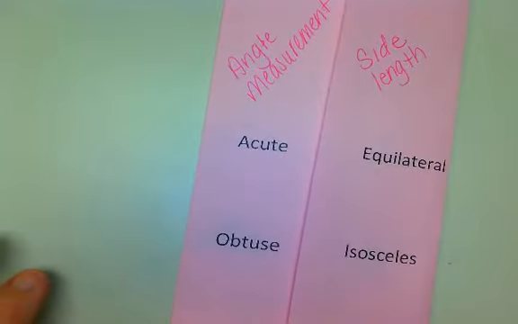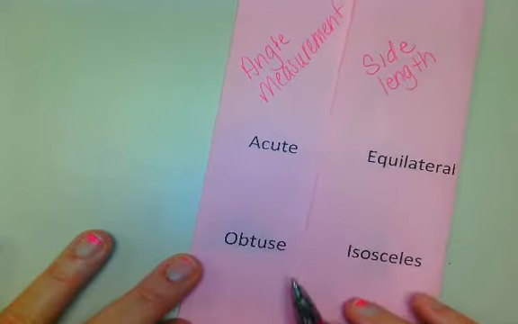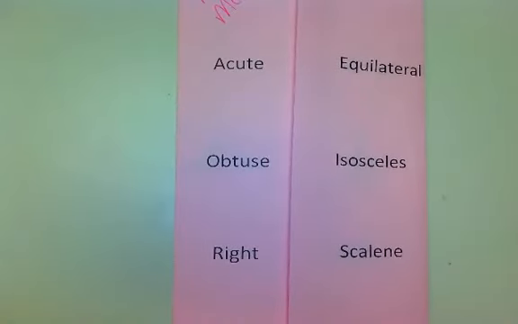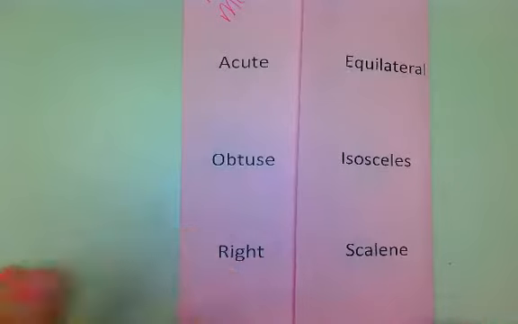Okay? So, let's take a look. We have acute, obtuse, and right, and we have equilateral, isosceles, and scalene. We are going to start with our side lengths because those are a little bit easier to look at and see. So we're going to start with that.